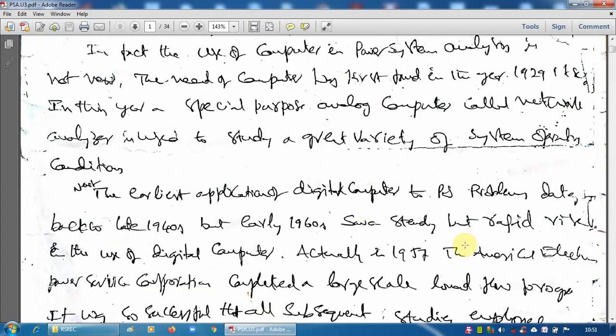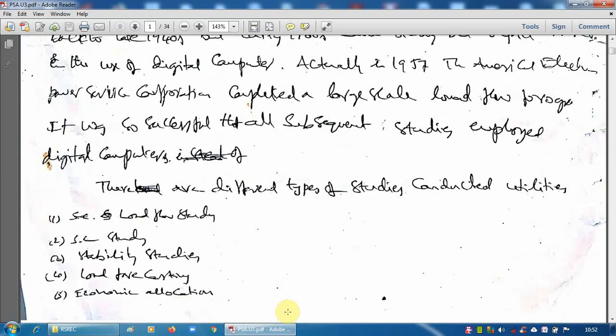We already covered this in the introduction. The use of computers is not new for power system studies. Computers were used in the year 1929 itself, and at that time we used low version and big sized computers. All this is covered.